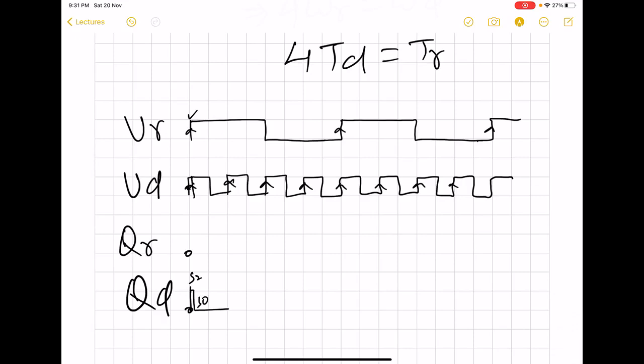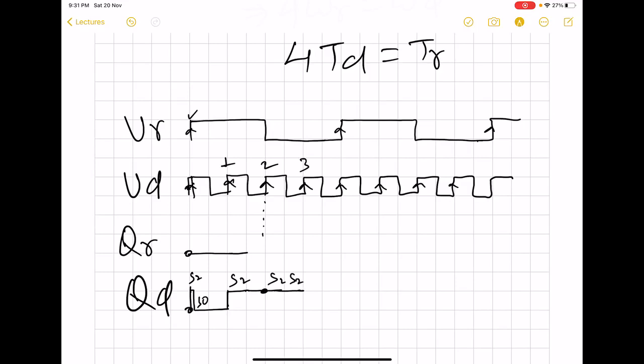But it will remain in state 0 till this first rising edge of VD, where it will again be pushed to state 2, where QD will be 1 and QR is going to be 0. So we know that in state 2 and 0, QR is 0. So it will remain in state 2 till the second clock edge, and then no clock edge of VR occurs, so it will go up to the third clock edge.